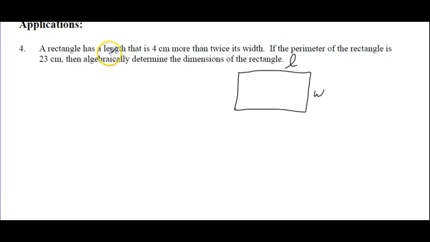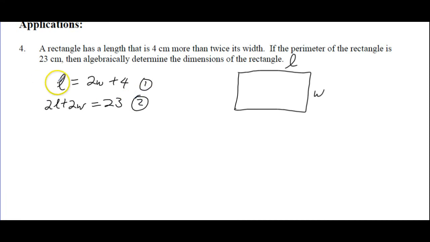So the length is 4 centimeters more than twice its width, right? 4 more than twice the width. If the perimeter of the rectangle is 23, so the perimeter is 2L plus 2W equals 23. And that's equation 2. So we have our system of equations.